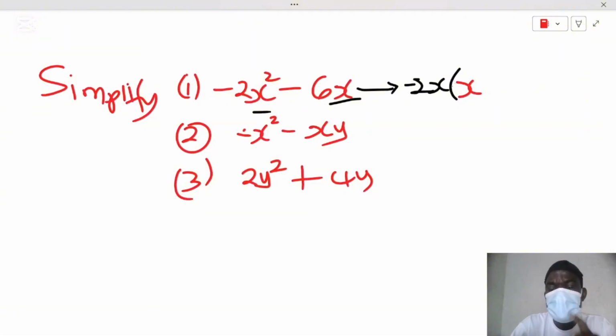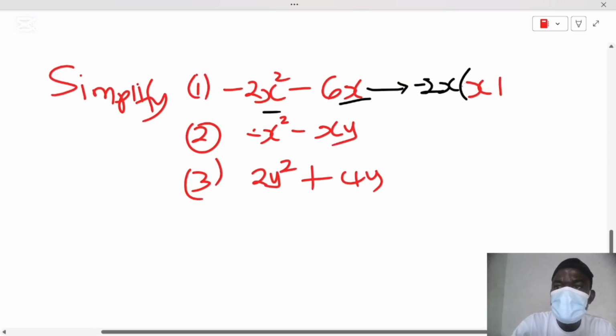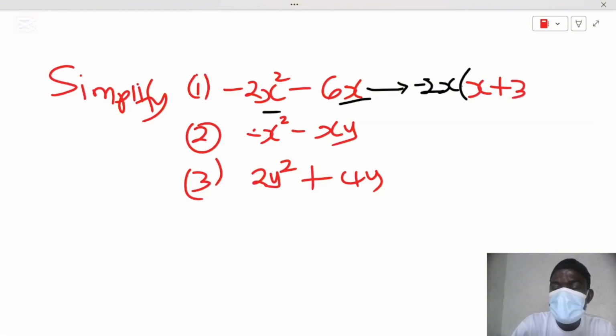Then negative 6x divided by negative 2x: negative divided by negative is positive, 6 divided by 2 is 3, and x divided by x is 1. So it is x plus 3. The same applies to the next one: negative x squared minus xy.